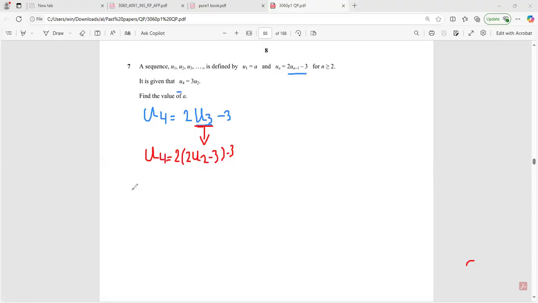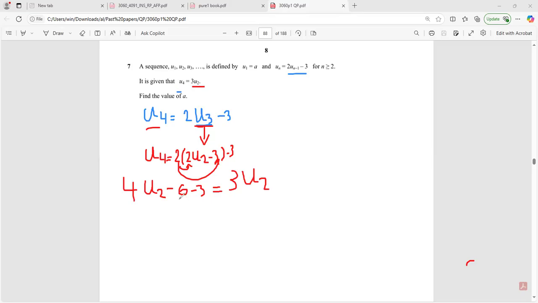So we are going to multiply here, the 2 multiplied by 2 will be 4 times the second term, minus 6, minus 3 will be equal to, this is the first term, 3 times the second term.